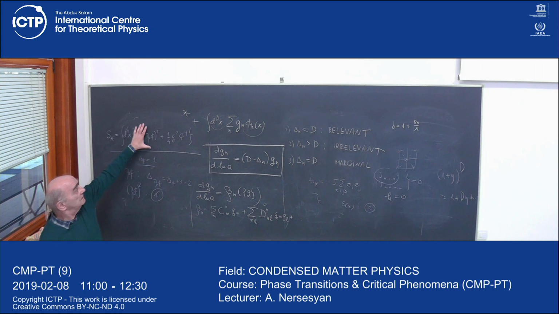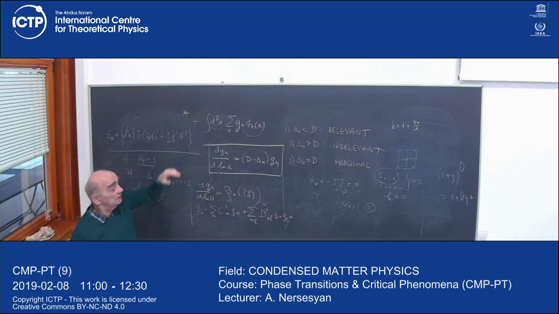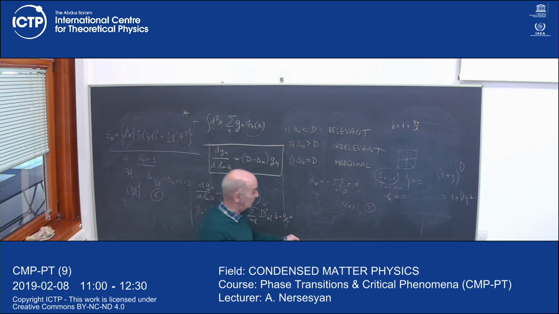Now look, this is a Gaussian field theory. You know the behavior of the correlation function of these fields, phi with phi. What would you expect when you build up corrections in powers of g?